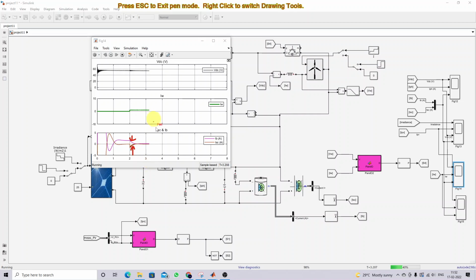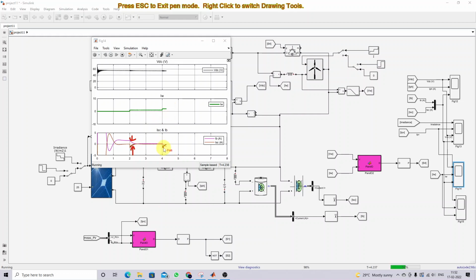We'll check after 4 seconds, because after 4 seconds we are going to increase the wind energy conversion power from 1 amp to 2 amps. So now the current increased from 1 amp to 2 amps.